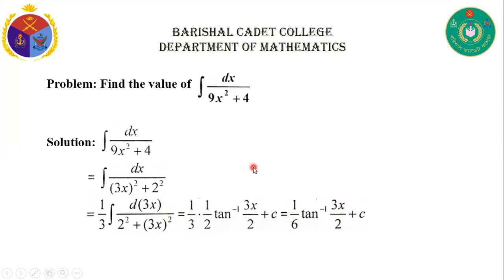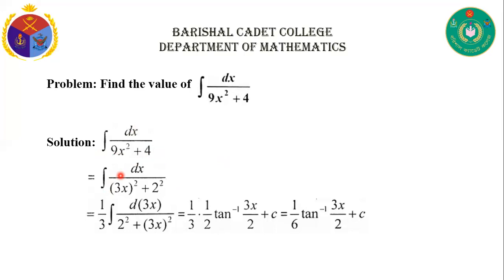So boys, we can solve this problem in two ways. One way is that we take 9 common, and then the result is the same. If we take 9 common, then the problem is 1 by 9 dx by x square plus 4 by 9.